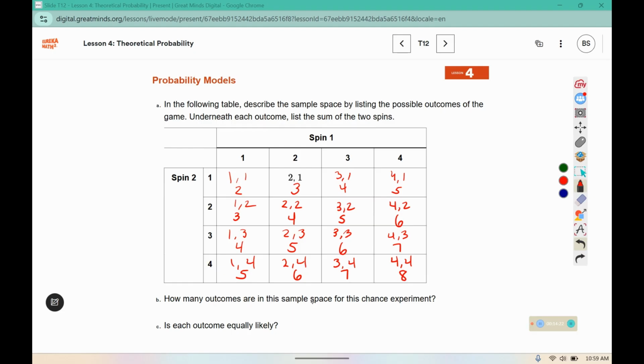How many outcomes are in the sample space for this chance experiment? There are 16 possible outcomes for this chance experiment. And it says, is each outcome equally likely? Well, yes, because each piece on the spinner is the same size.